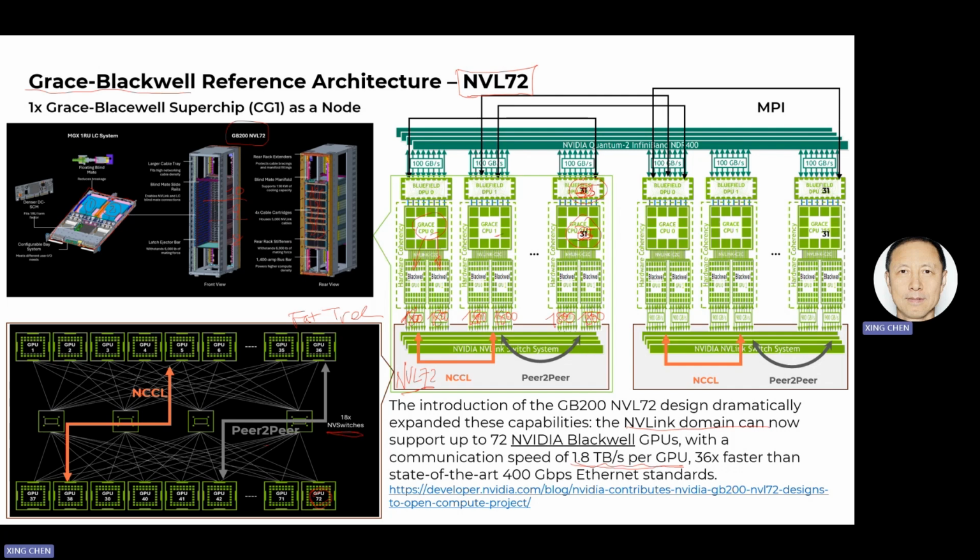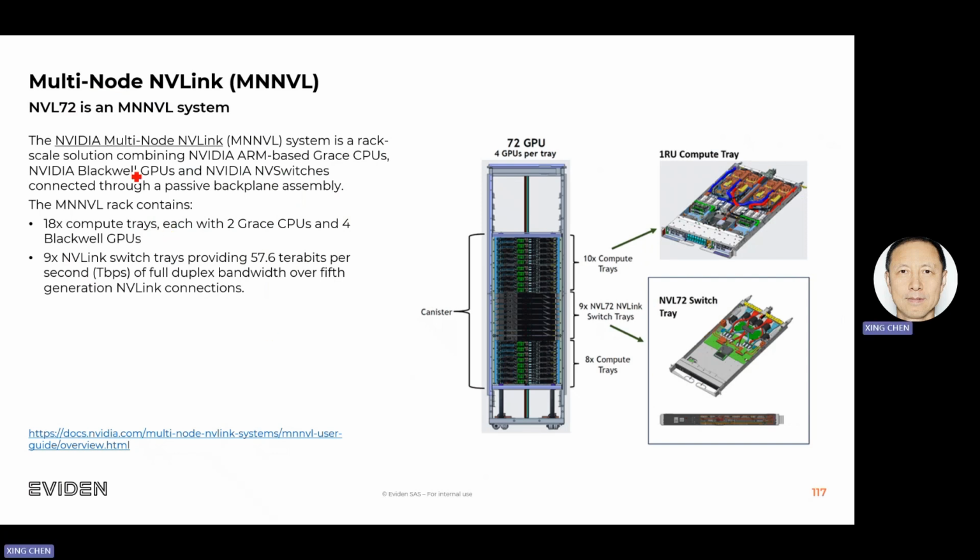Right now it's generation 5, and Grace Hopper should be generation 4, and this explains the performance increase. Okay. Anyway, this is for NVL72, and we need to have a look at this one.